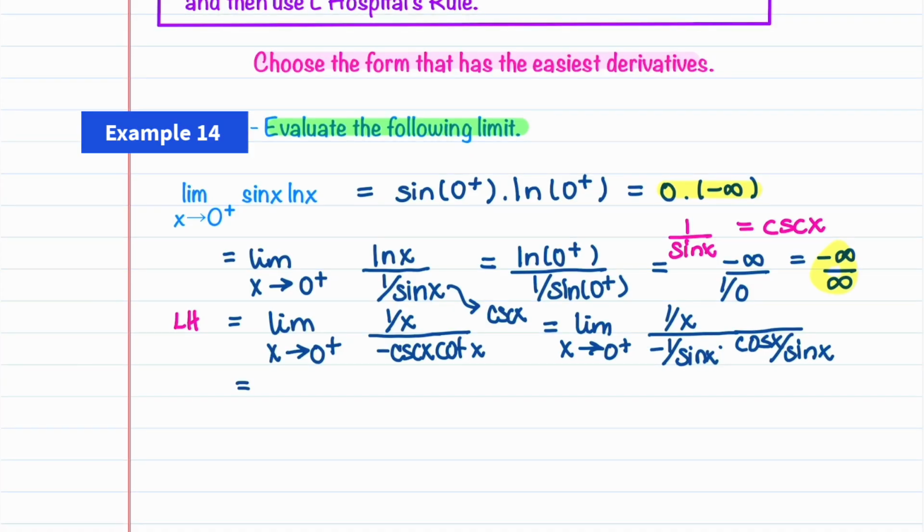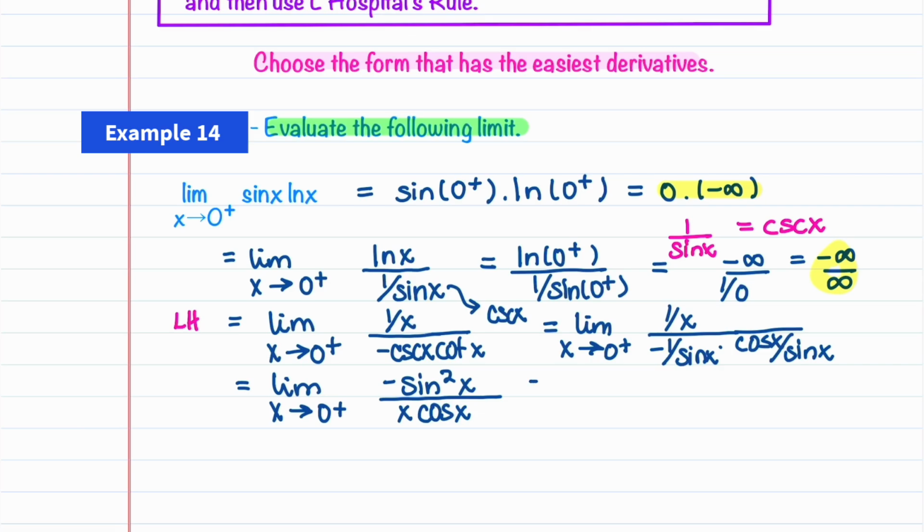And we're going to rewrite this as the limit as x goes to 0 from the right. We're going to take the minus sine squared x up on top, and then in our denominator, we have an x cosine x. And that's much easier to evaluate. It's really common when you use L'Hopital's rule to have to simplify as you go along.